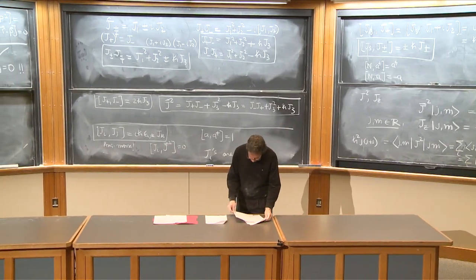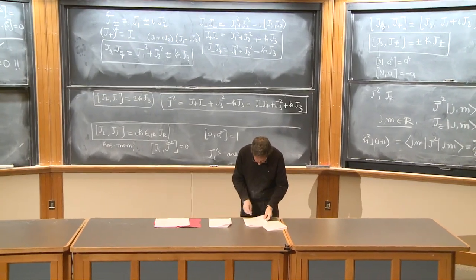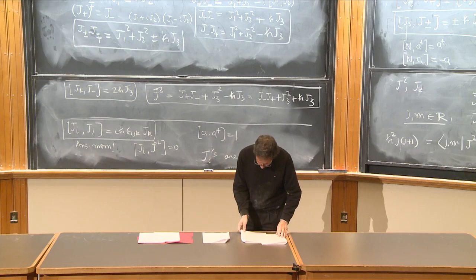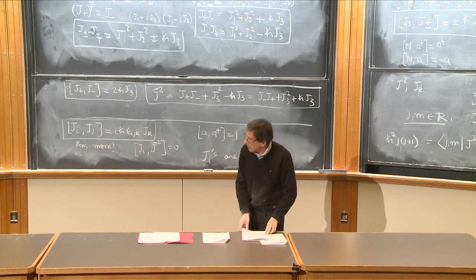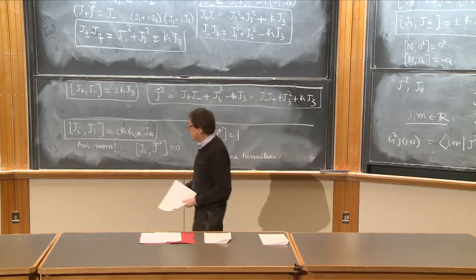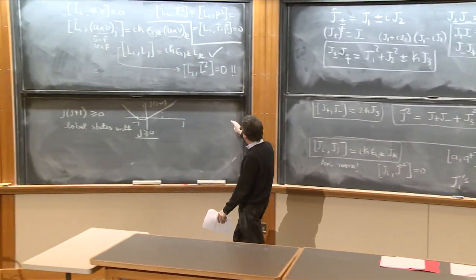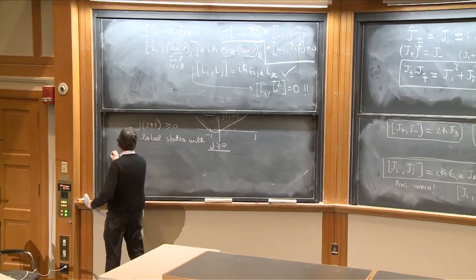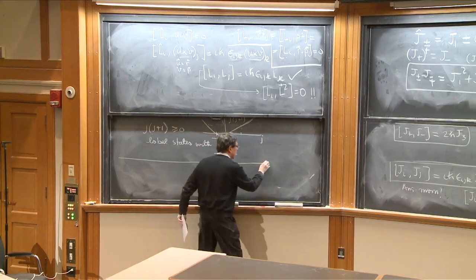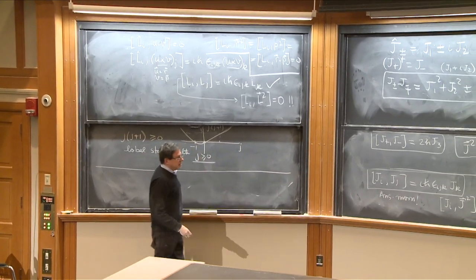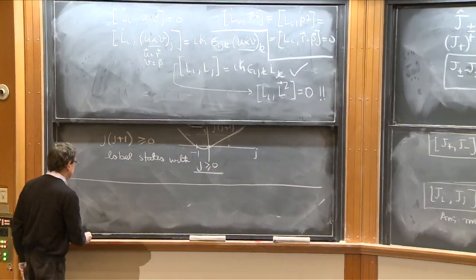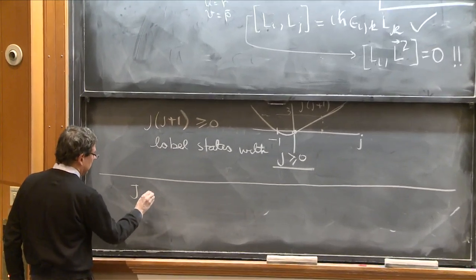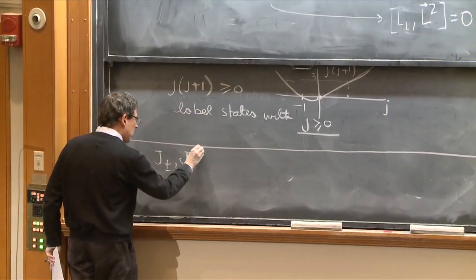Okay, now what's next? Next, we have to understand what the J plus and J minus operators do to the states. First thing is that J plus and J minus commute with J squared.